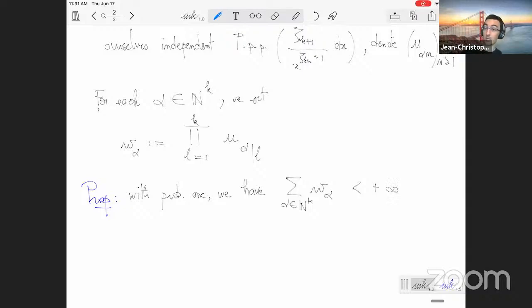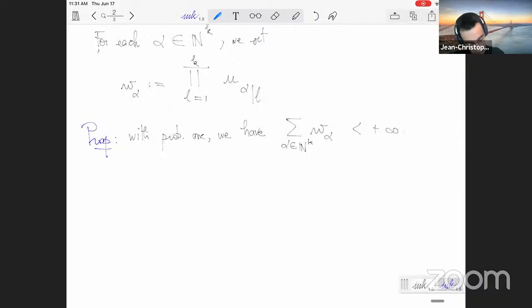That's reassuring because I want to make this family W alpha become a probability measure. So at least they sum to something finite, and indeed I can divide by this number. I'm not going to give the proof, but it's in the handwritten notes, and it's by induction.